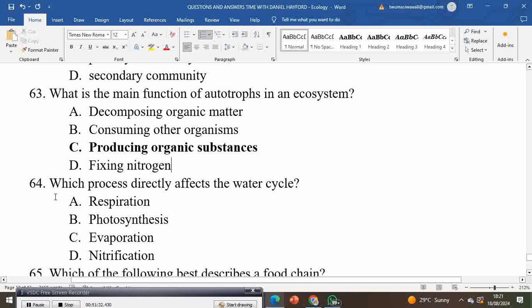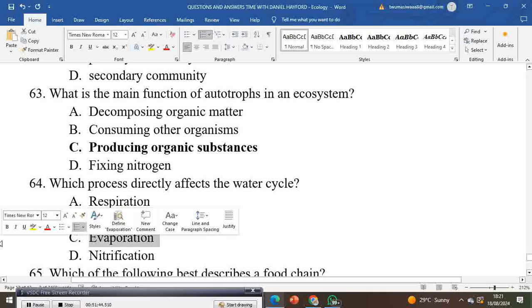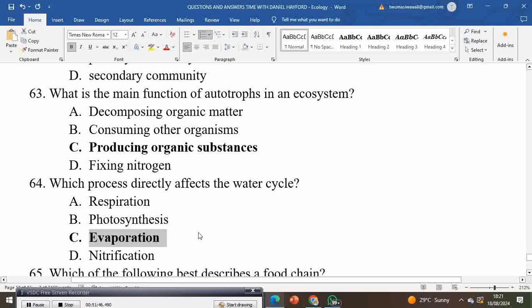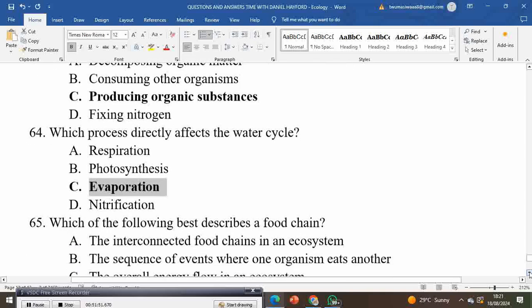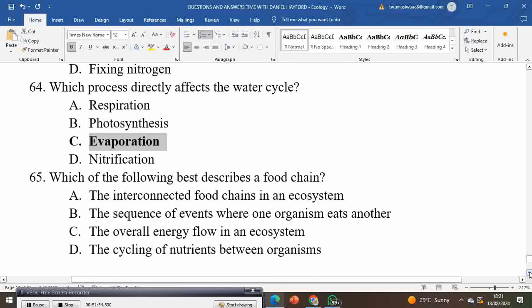Your best answer is what? Which process directly affects the water cycle? Respiration, photosynthesis, evaporation, and nitrification. Evaporation. Evaporation is the key and the best option there.